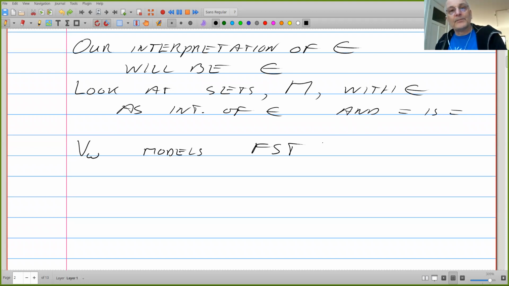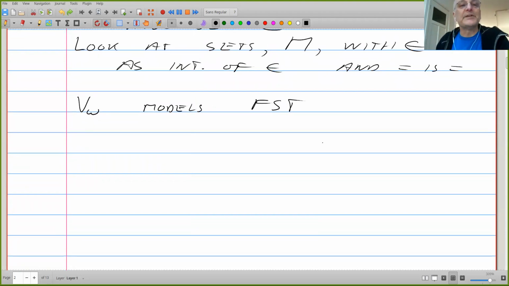And how did that go? Well, I think what we did was restrict all the quantifiers to V omega. If we want to prove that pairing holds in V omega, we take two elements of V omega and show that the pair also belongs to V omega.